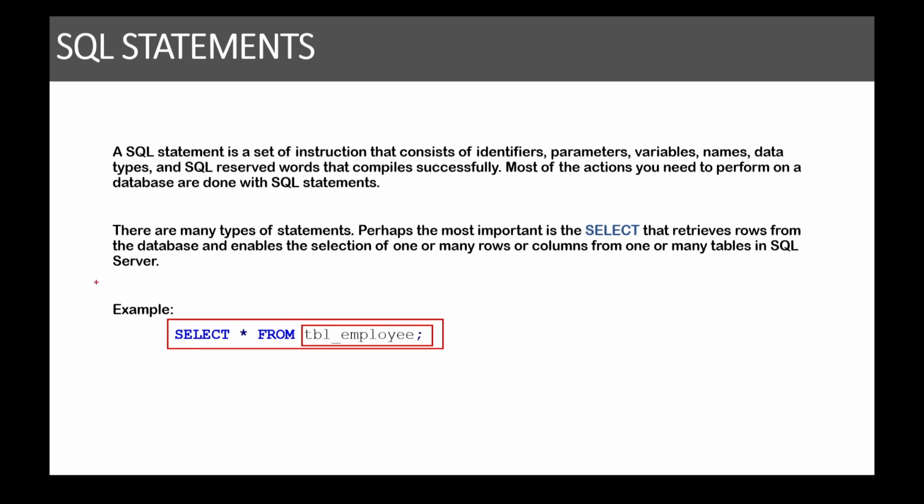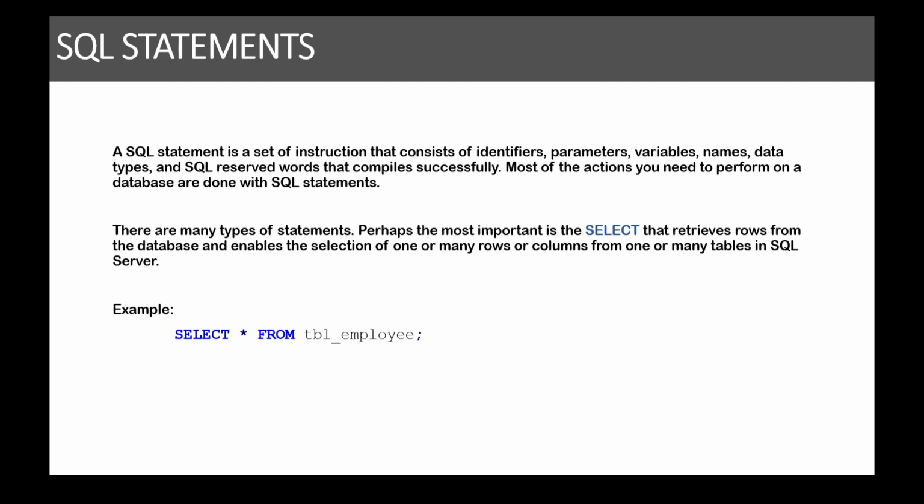Select is a SQL statement which tells the SQL server to select the columns and fields from TBL employees. Here star means all the rows and columns from TBL employees. By this we'll fetch all the fields, I mean columns and rows, from that table.